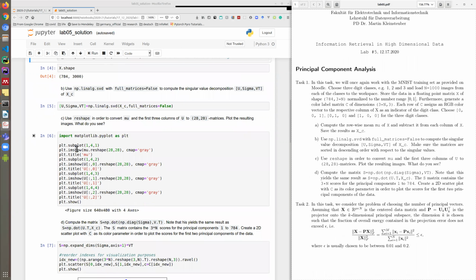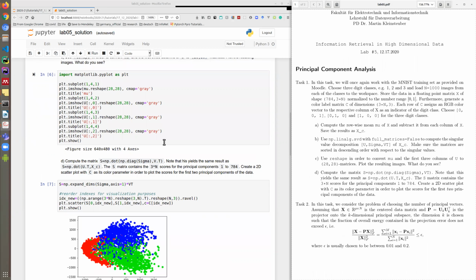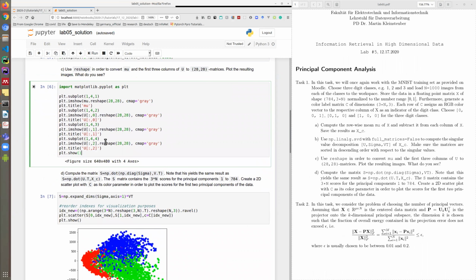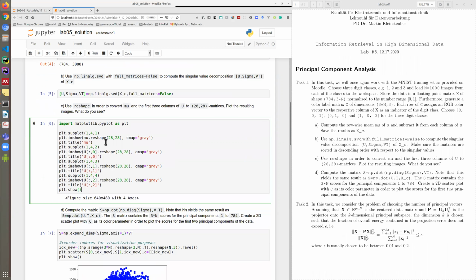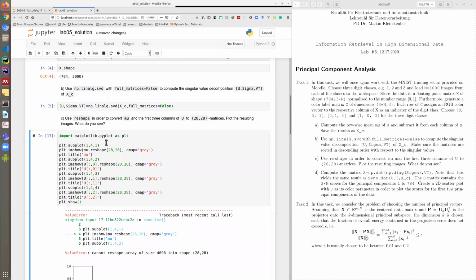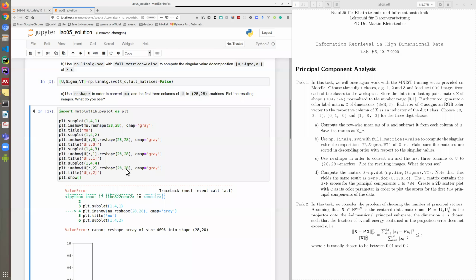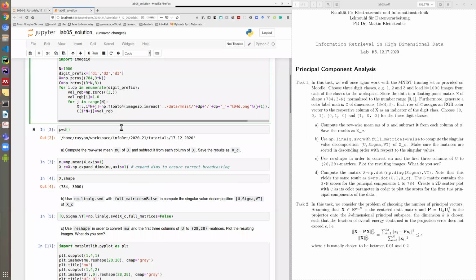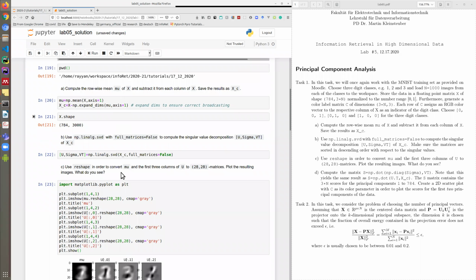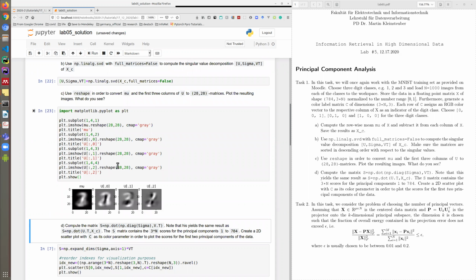Okay, this is something that I need to see why I didn't show. I probably didn't run all the commands above.